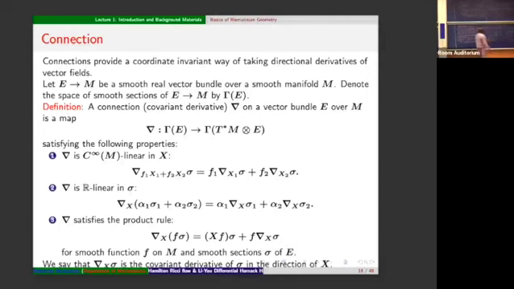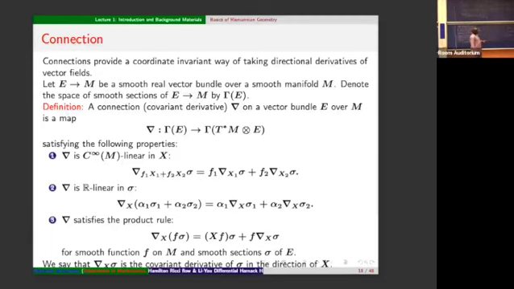So what we say here is that if you have a connection, okay, let me speed up.